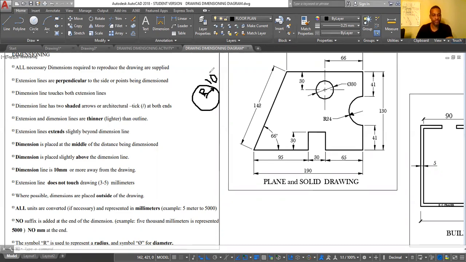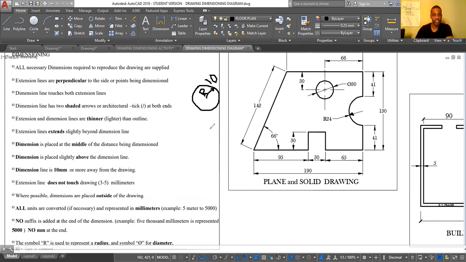That also works. We also use a diameter symbol to represent a diameter. And the diameter symbol is a circle with a line drawn through the middle. That is used to represent circular objects.